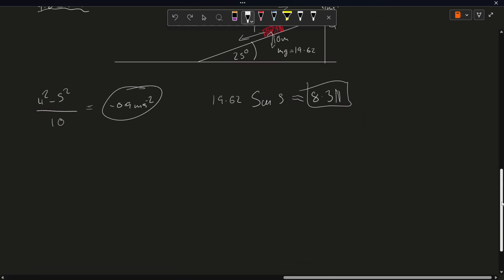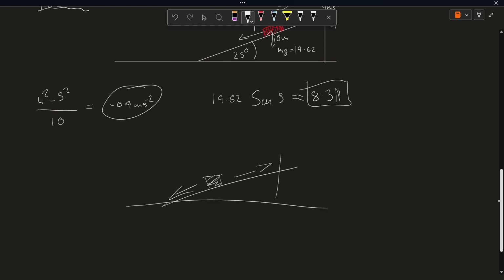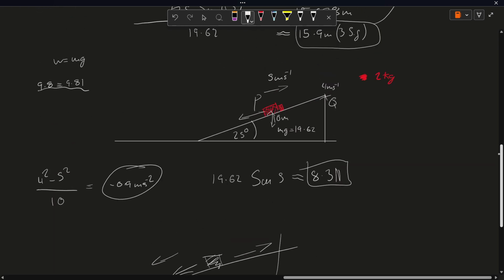I think the hardest thing you'll ever get is when you have driving force on a slope of an object, and you need to calculate friction going in this direction along with the weight component to calculate that driving force. To show you what it would be like, let's say we have the weight going down, which we calculated. This is 8.3 newtons. We have a driving force, let's say, of, don't want to do anything harsh, so 12 kilonewtons.